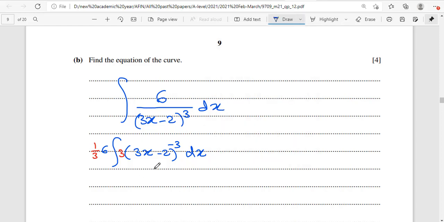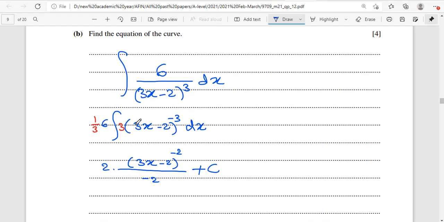Now we are ready. Since we have the derivative of the inside outside, we can just write the bracket as it is, power plus 1 over the new power. And 1 over 3 times 6 will be 2. So 2 times this bracket, don't forget, plus c. Basically, 2 cancels 2. What's remaining is negative (3x minus 2) to the power negative 2, plus c.